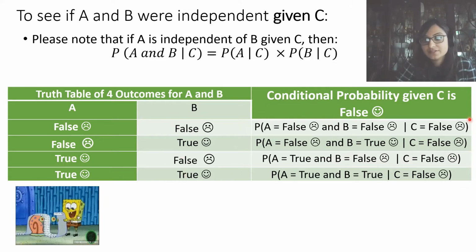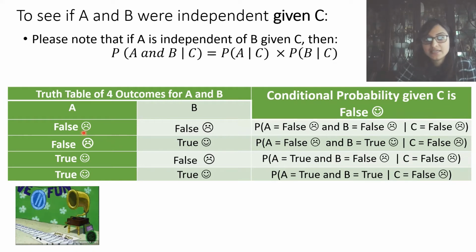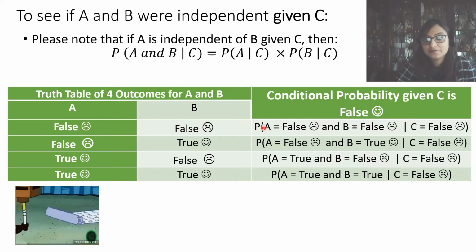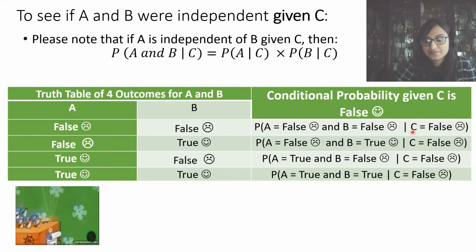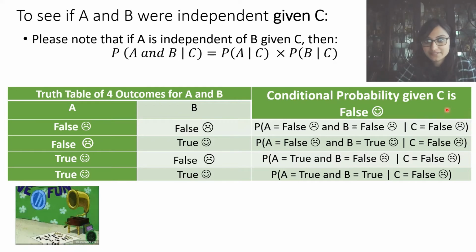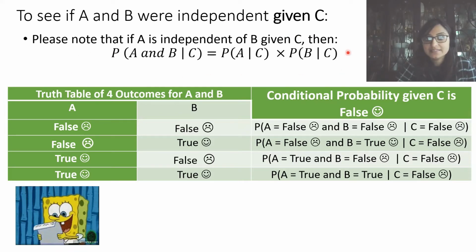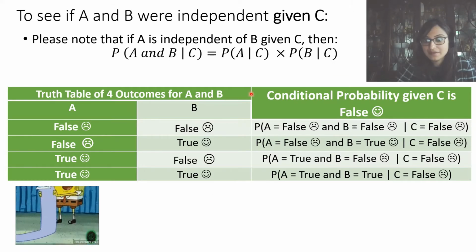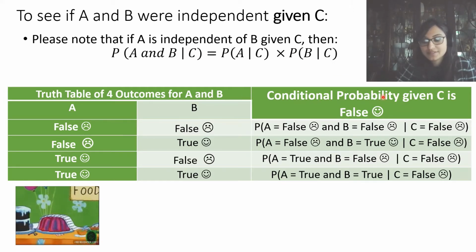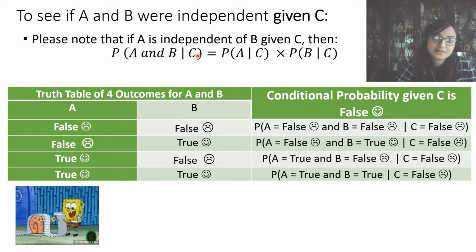And then for the conditional probability, it's just taking the values of A and B and putting those here, and then conditioning on C being false. So we have these 4 respective values conditioned on C being false. And then we would need to test these equations to see if they hold for all these values of A and B, now if C is false. And before we were conditioning this on C being true.